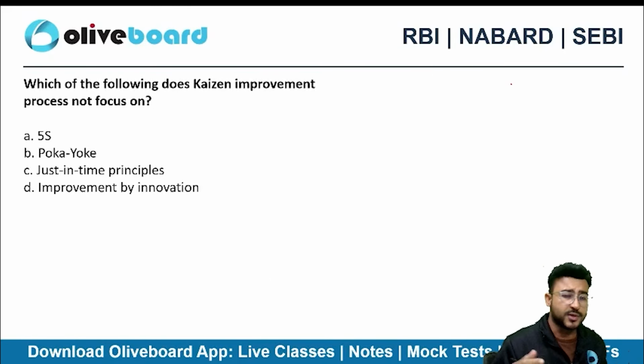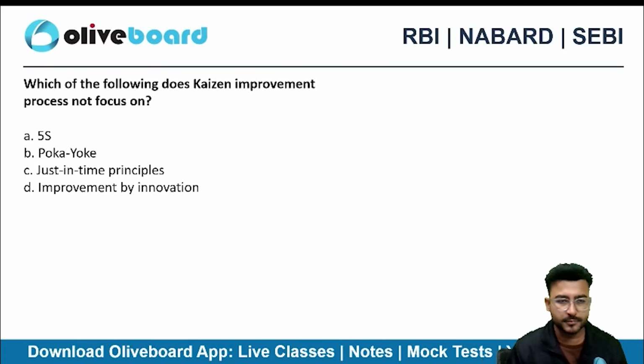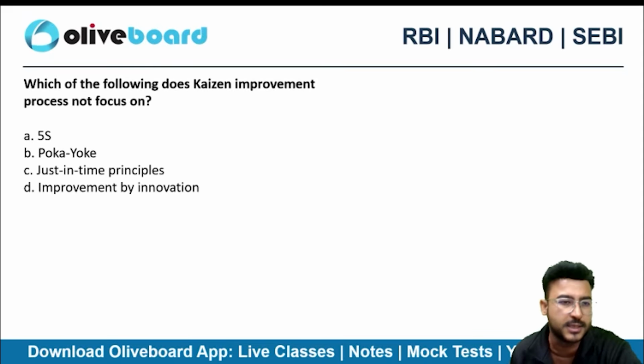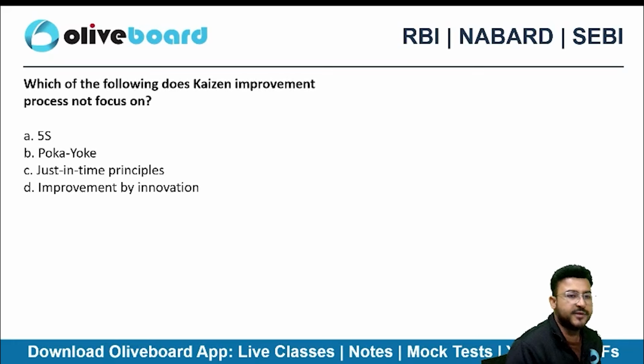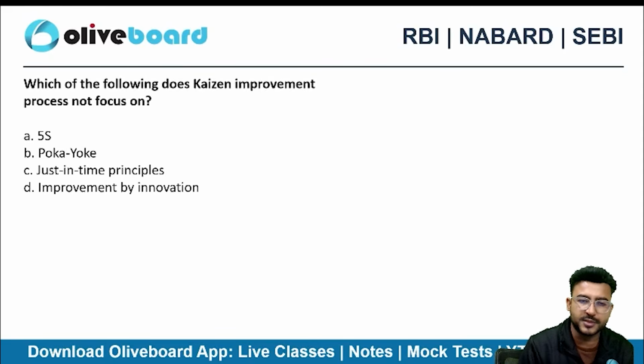Next one. Which of the following does Kaizen improvement process not focus on? Here we are having some options. Option A, 5S. Acha, option B is a Japanese term, more related to error proofing or prevention of errors. Then we have just-in-time principles and improvement by innovation.